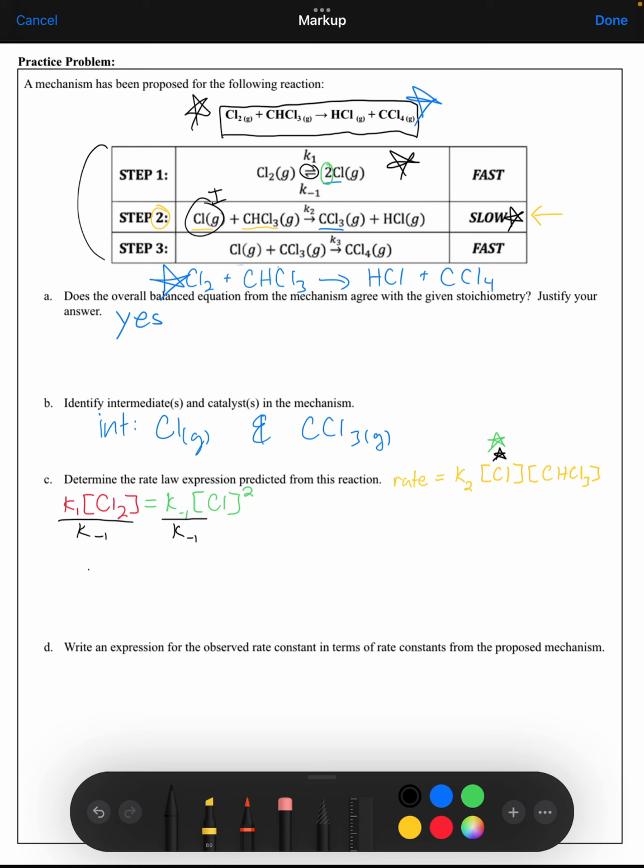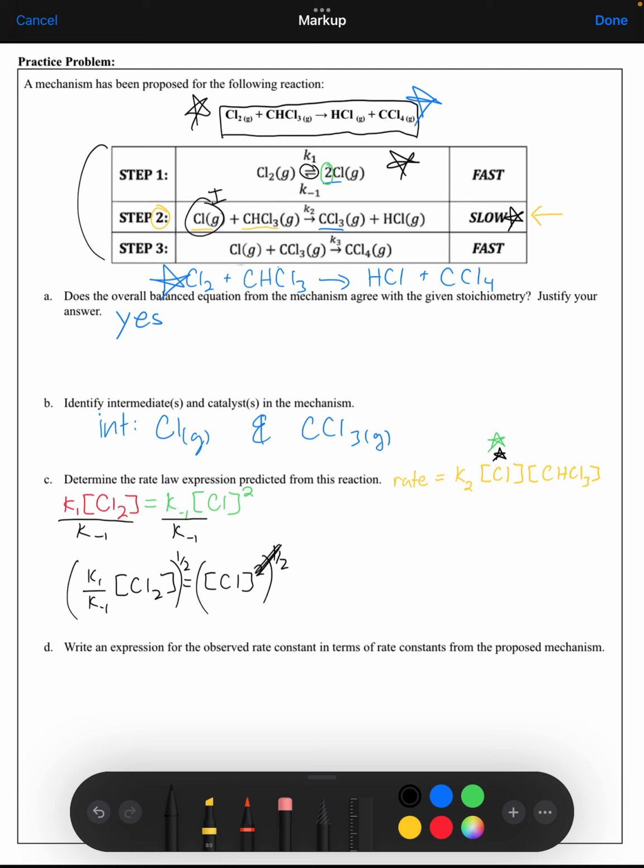And we get that K1 over K -1 times the concentration of Cl2 is equal to our concentration of chlorine squared. Now, we are going to square root both sides of both of those things. I'm going to express it as raising it to the power of 1/2, which means the exact same thing. So I'm just going to go ahead and raise both sides to the 1/2 power.